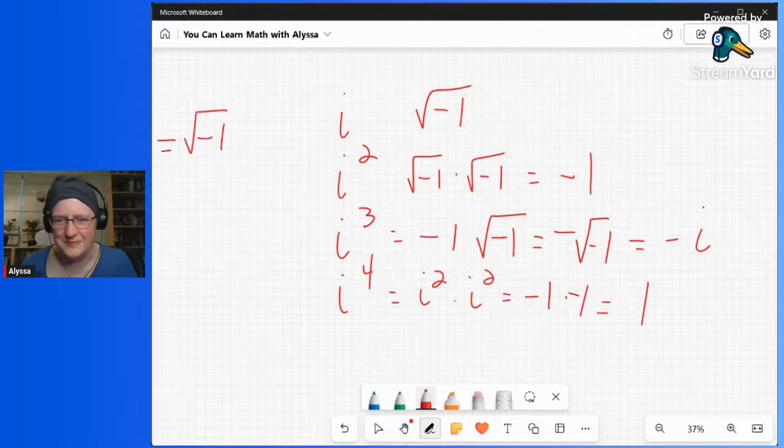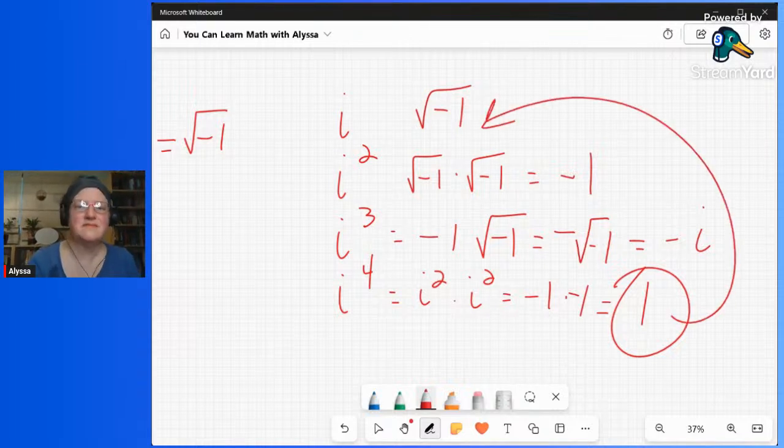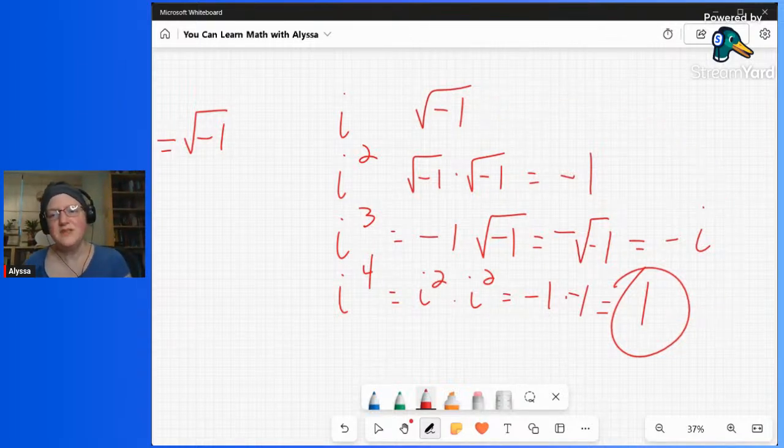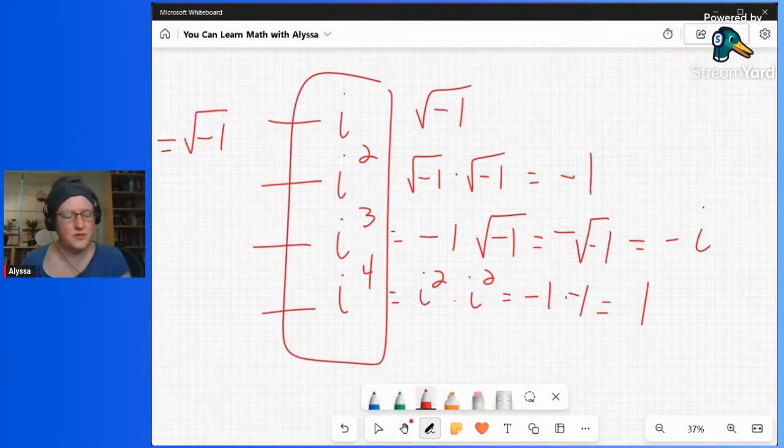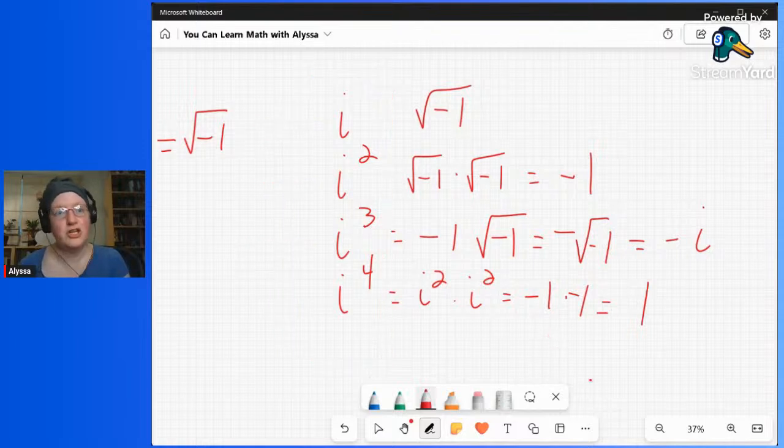And then it just repeats, because then i to the 5th is going to be 1 times square root of -1. So if you're asked what is i to a power, you divide it by 4 and get the remainder, and the remainder tells you which of these 4 it's going to be. And it just repeats over and over forever.